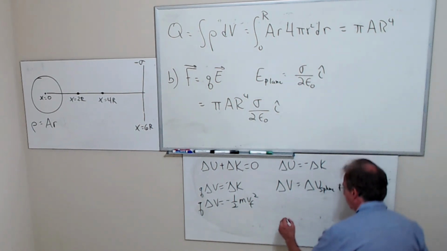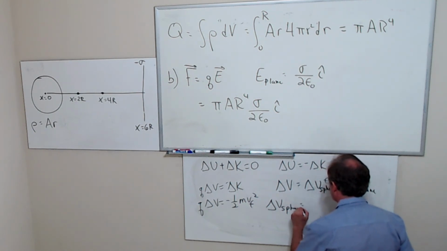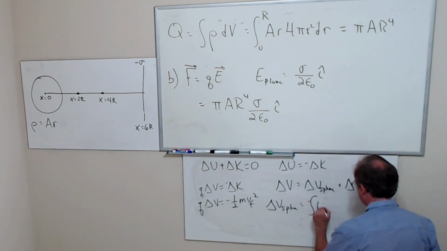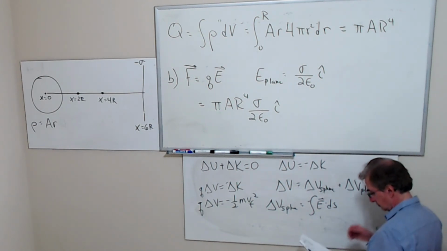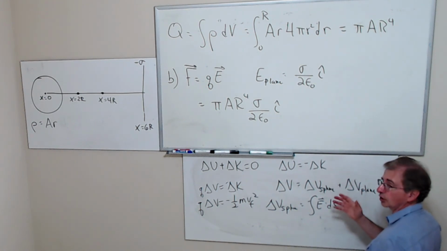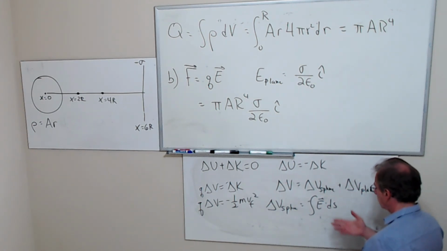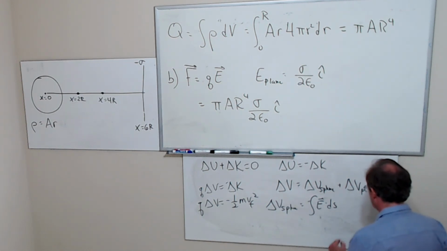Well, delta V of the sphere is going to be minus the integral of E dot ds. And I'll just call the charge on the sphere Q. I'll plug in the Q later. But the electric field due to the sphere, outside the sphere, is kq over r squared.